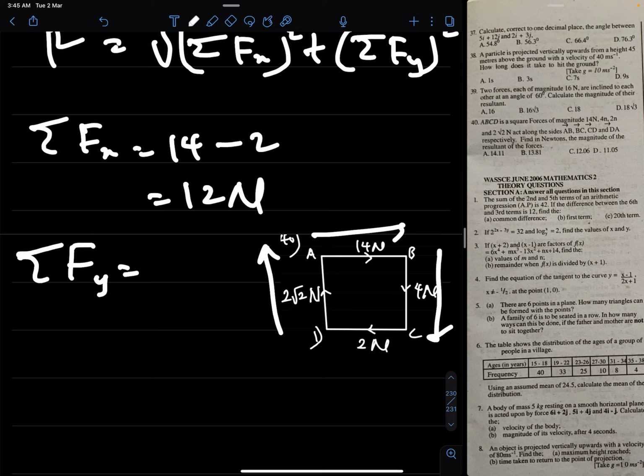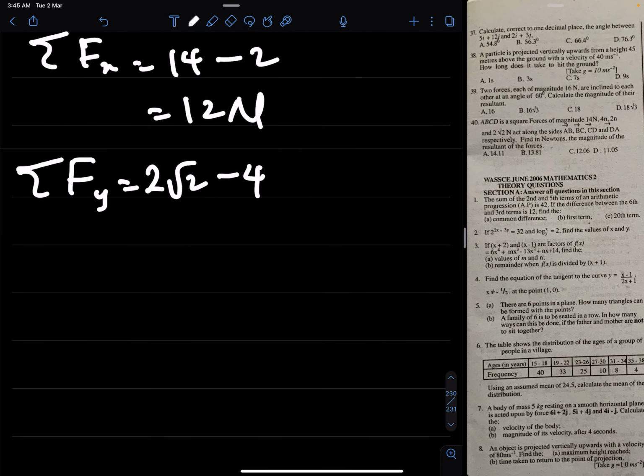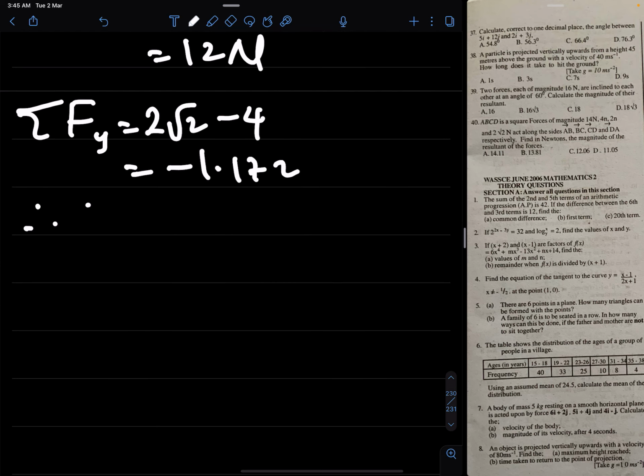That's 2 root 2 minus 4, which is approximately minus 1.172.